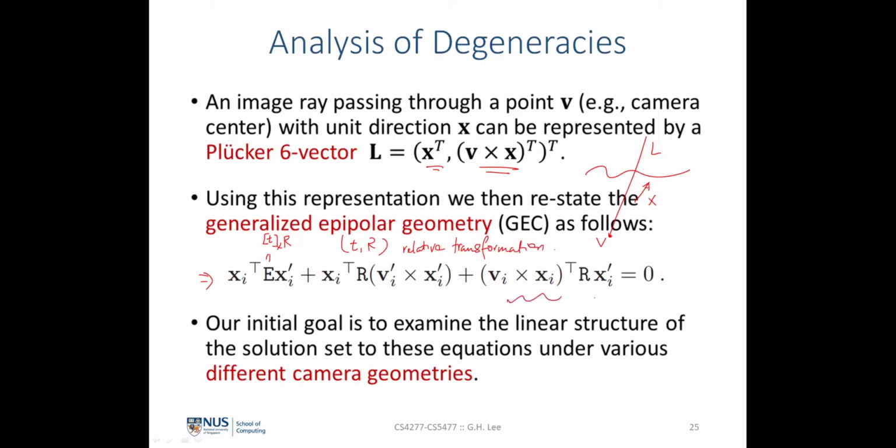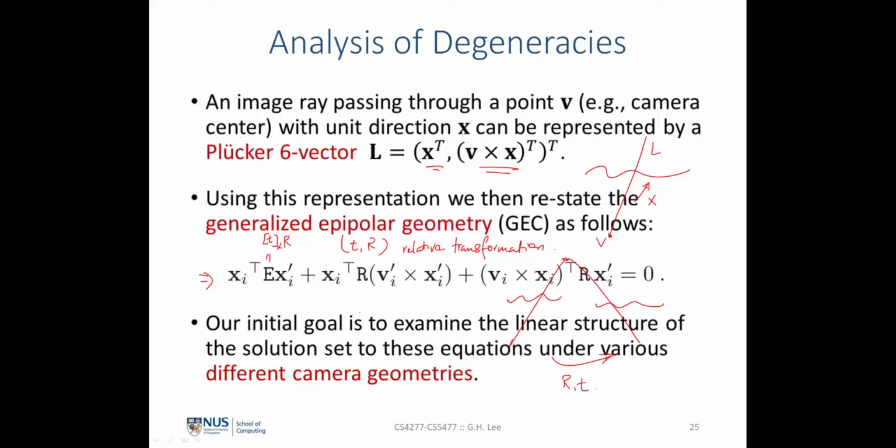So for the generalized camera view here, I have a corresponding light ray, which intersects at a 3D point, and here R and T simply represent the relative transformation between these two generalized frames. But now we are rewriting it in terms of X, the unit direction, and the center of the camera, which we denote as V over here.